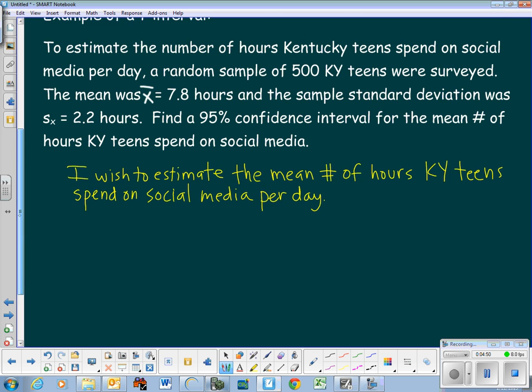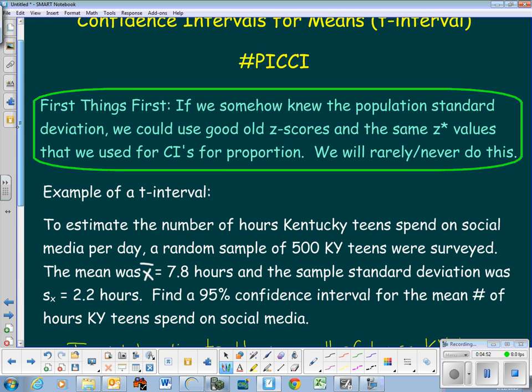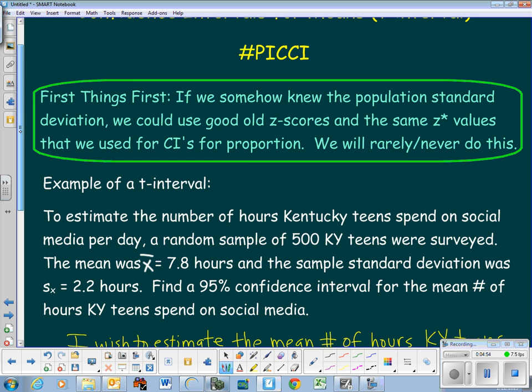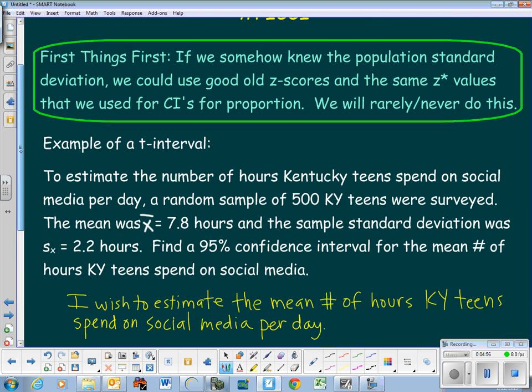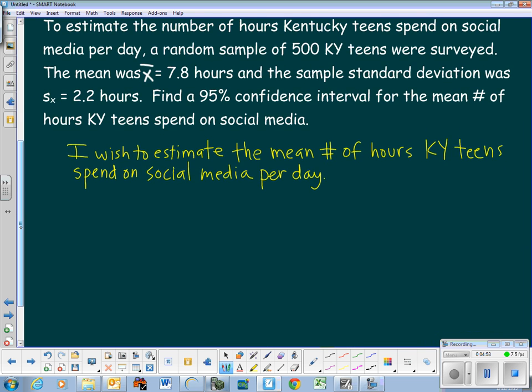The next letter is I, which is identify the interval I want to use. All right, so I'm going to use a t-interval. So how do I know to use a t-interval? Well, because it's a mean. It's an interval for a mean.